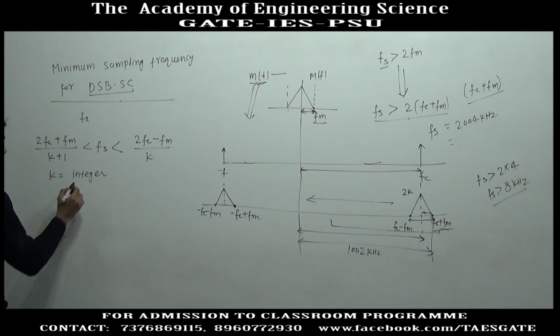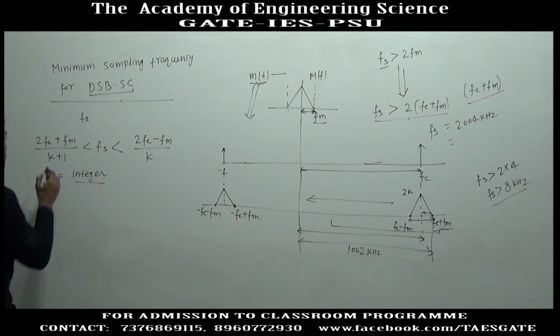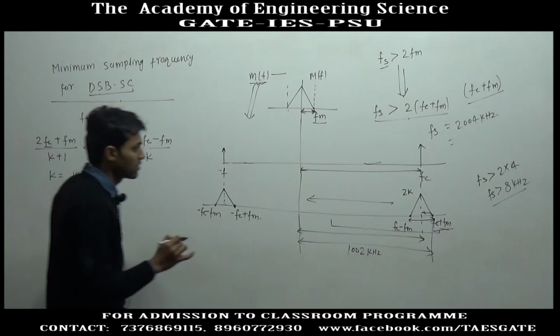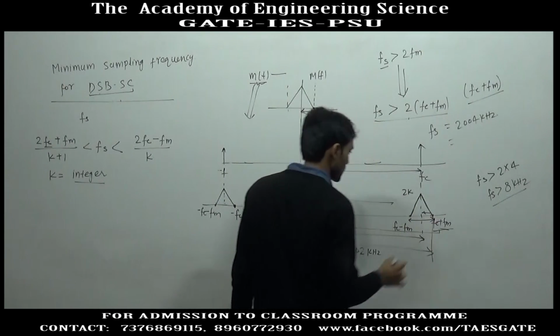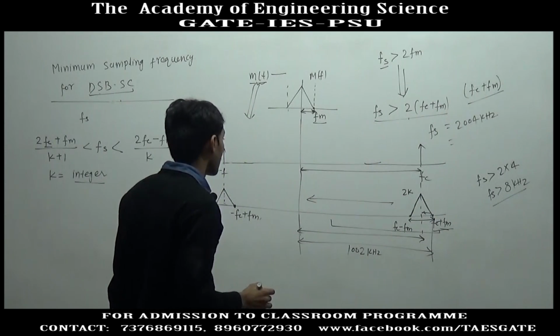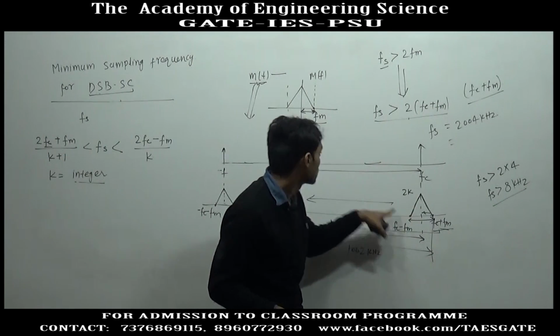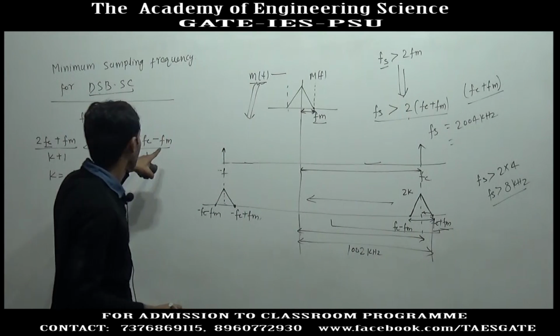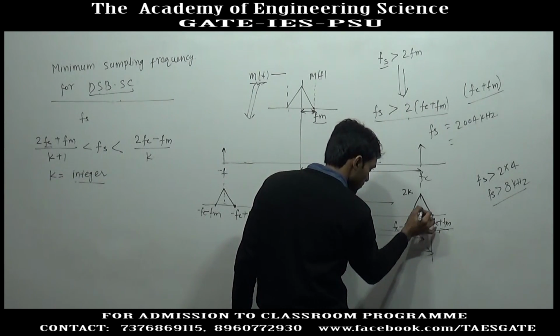Okay. So, in this formula, k is an integer, and Fc is, if this is the signal of which we want to do sampling, the center frequency of this signal. So, in DSBSC, the center frequency is the carrier frequency.